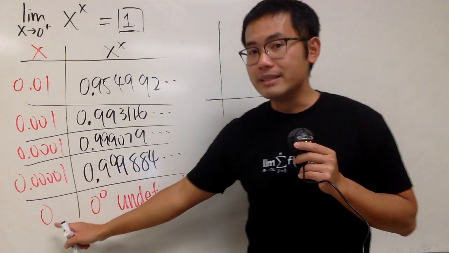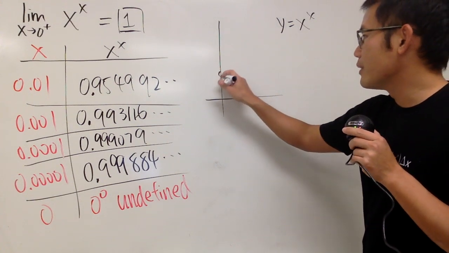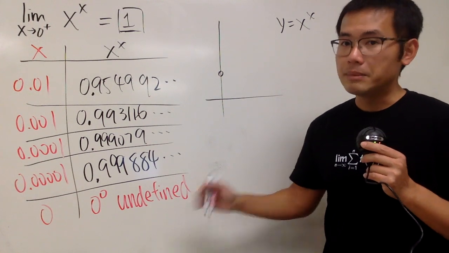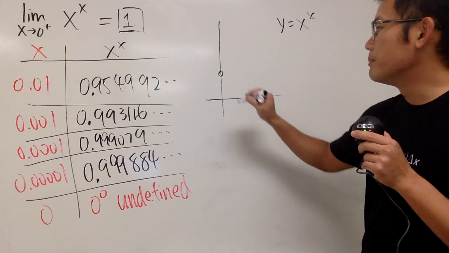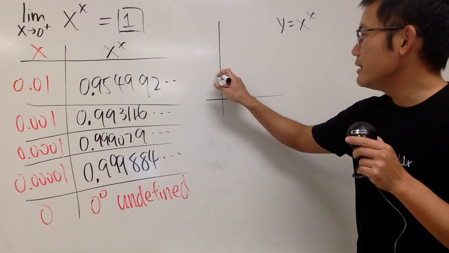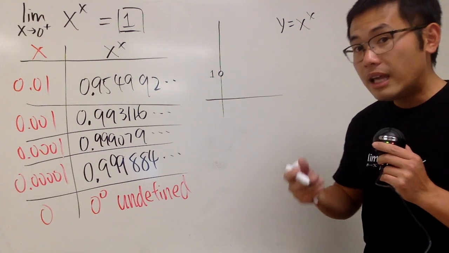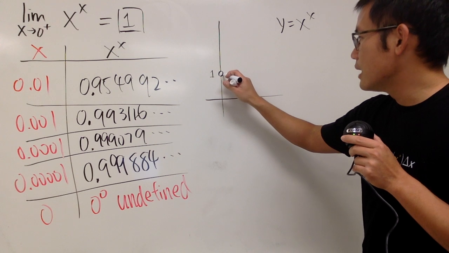Anyway, when x is equal to 0, in fact, you have an open circle right here. Because when x is exactly 0, x to the x power, namely 0 to the 0's power, is undefined, right? So you actually have an open circle right here. And interesting enough, the y value right here is equal to 1. And if you look at your graphing calculator, you will see the curve actually goes like this.